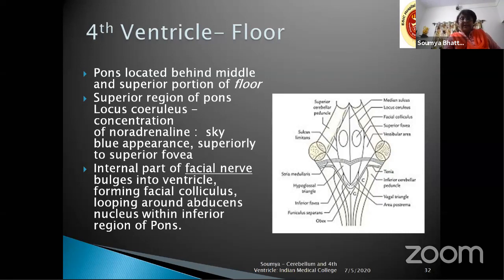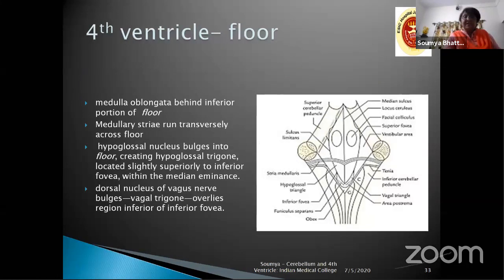Now, the internal part of the facial nerve bulges, forming the facial colliculus. You can see two big oval shaped nuclei. These are the facial colliculus, and this loops around the abducens nucleus, and this feature is known as neurobiotaxis. So the looping around the abducens nucleus is known as neurobiotaxis.